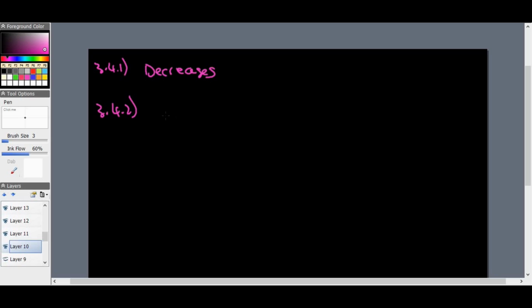For 3.4.2, on a wet runway, like I said, there's less friction. Another way to put that is that the tires have less grip.